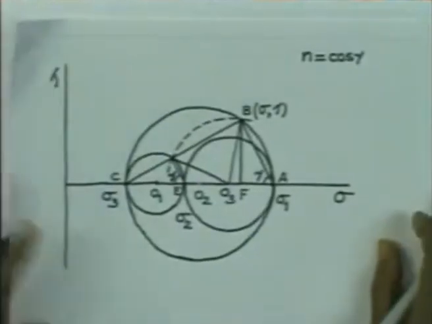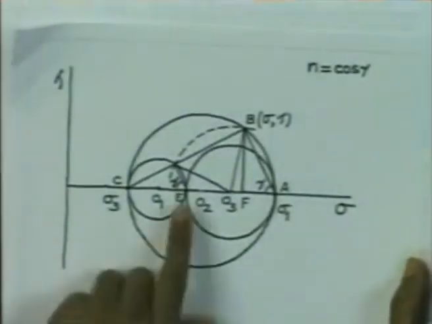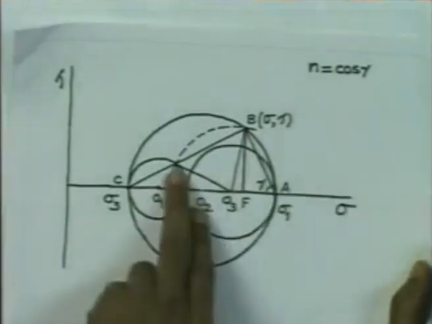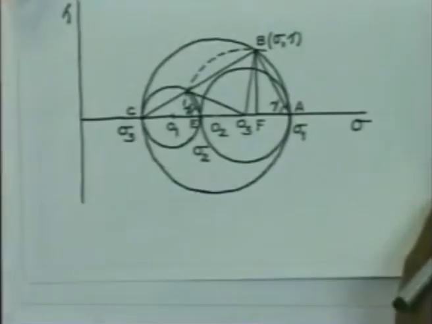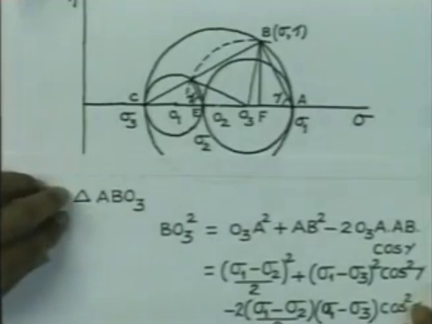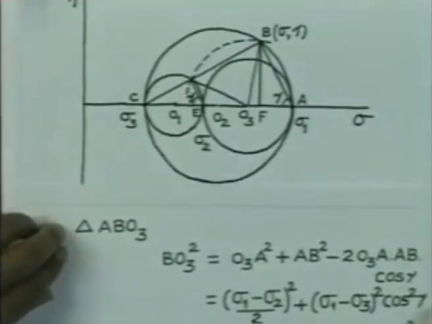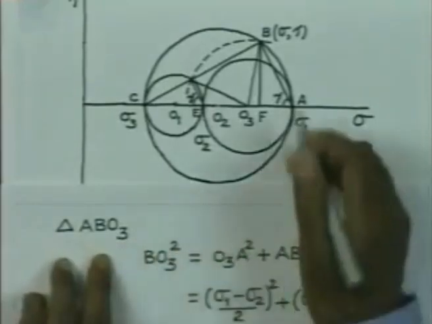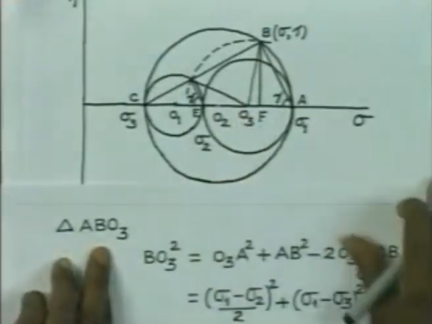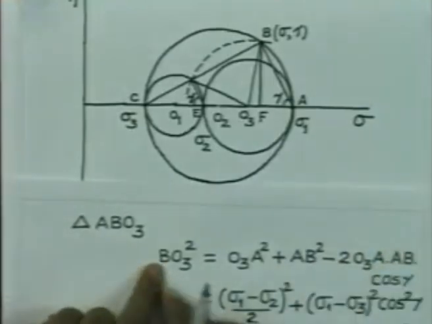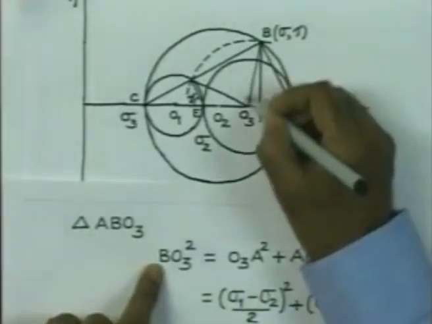Now I would like to show you that all the stresses that can satisfy this condition are going to lie on this circular arc. Now let us consider the triangle ABO3, and this is the triangle that I am talking about.